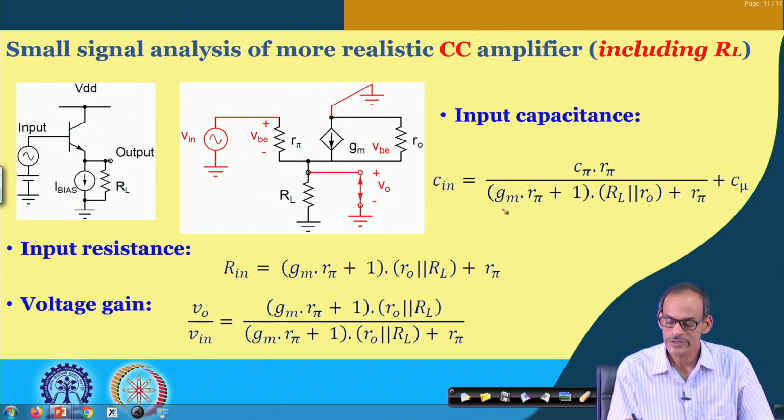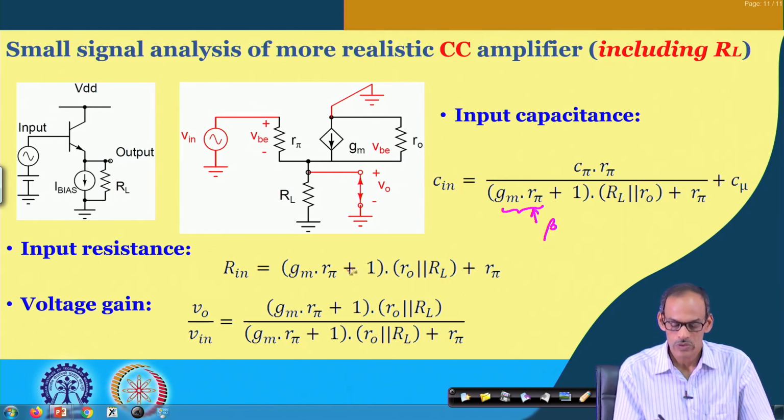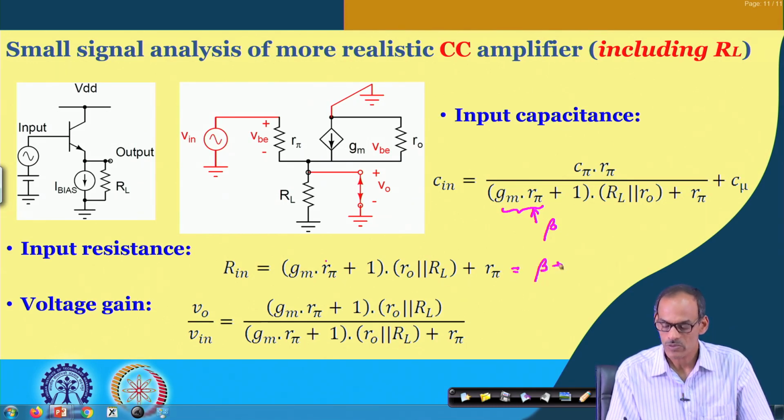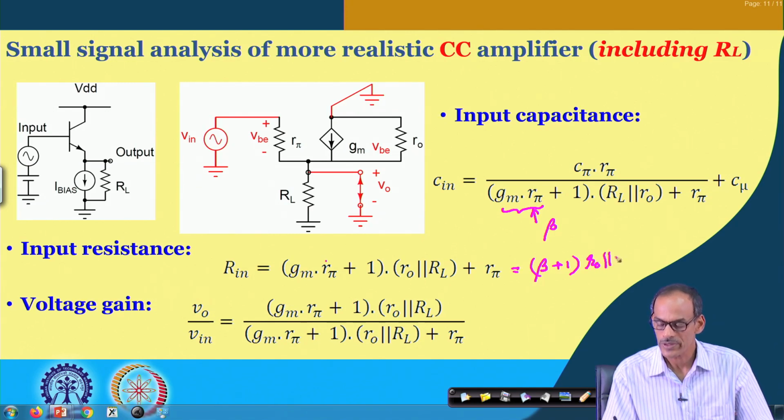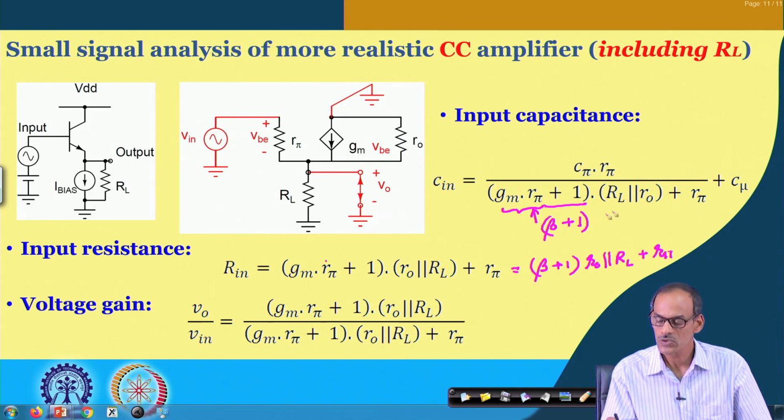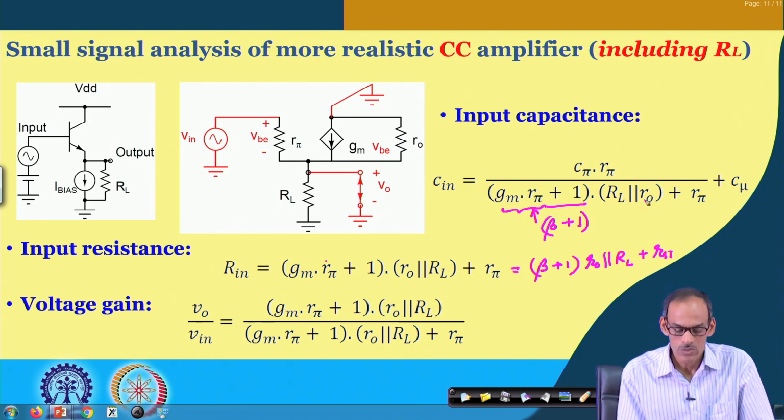Wherever we have gm into rπ, you may replace this by beta of the transistor. So here also we can write beta plus 1 into (ro in parallel with RL) plus rπ.